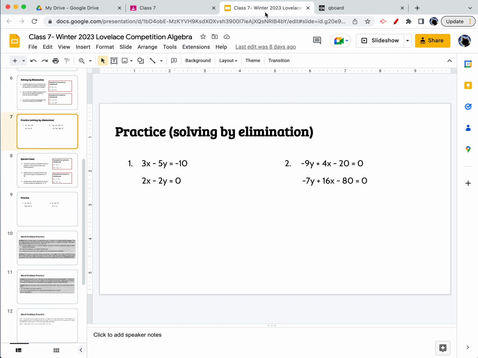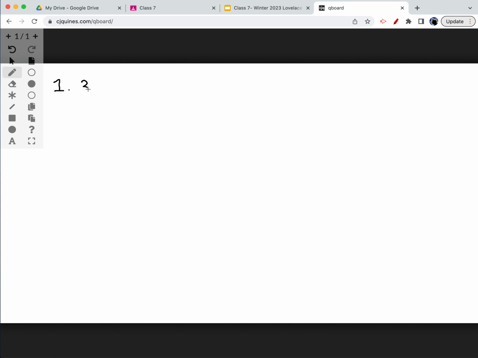Okay, so let's do the first one now. It says 3x minus 5y equals minus 10, and 2x minus 2y is equal to 0.